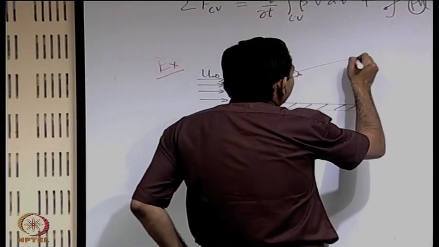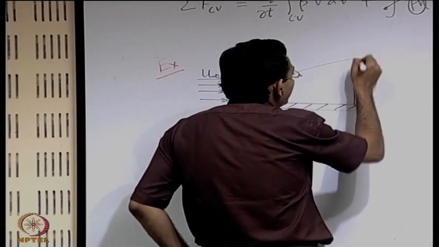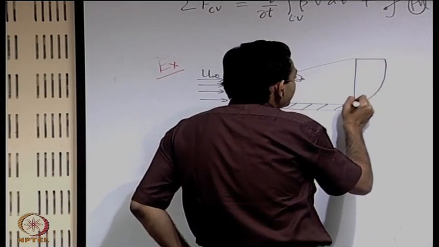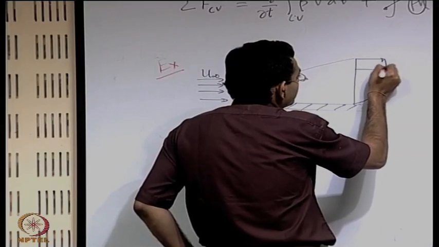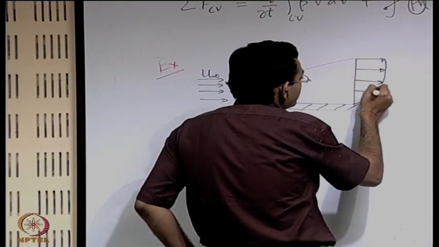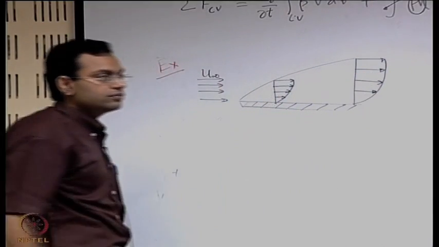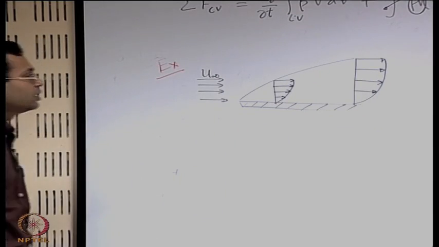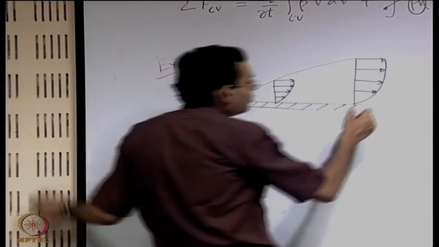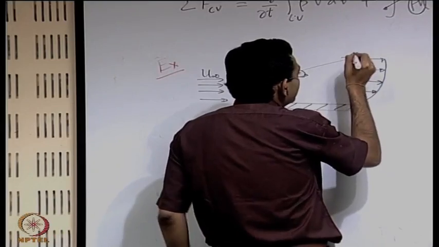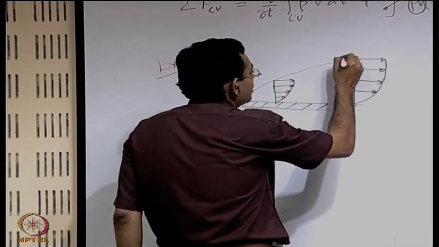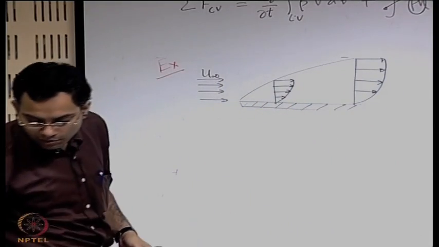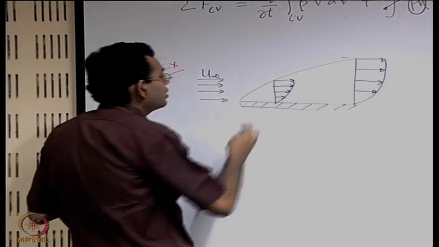So let us say that at the edge of the plate you are given the velocity profile. What is the velocity profile that is given? Let us say that locally the thickness of the boundary layer is given by delta, which is a function of x.